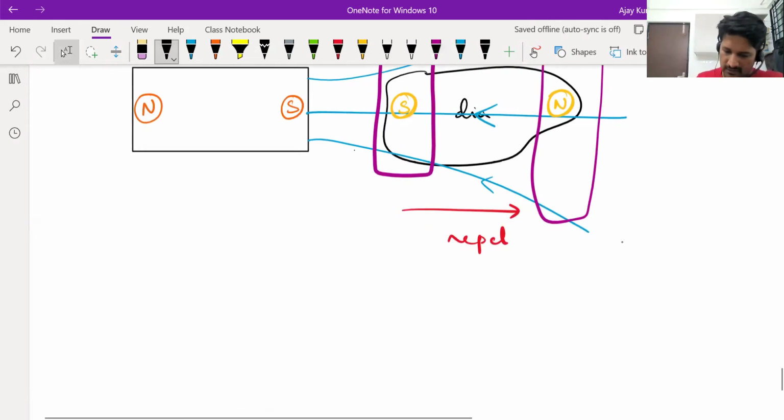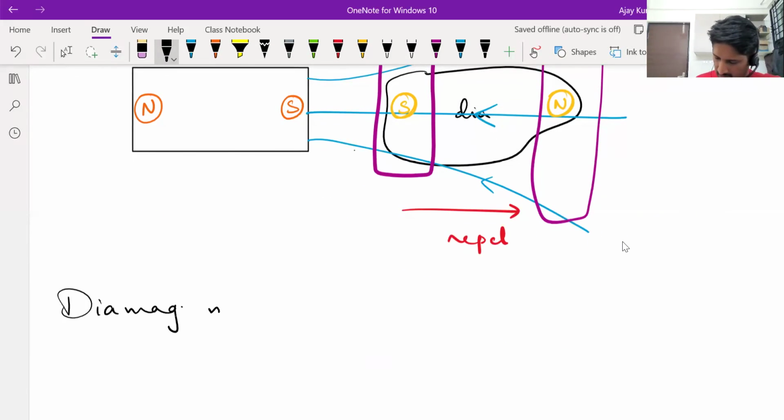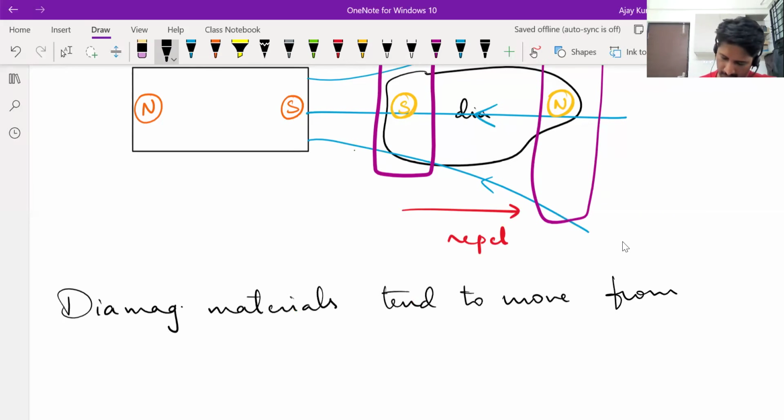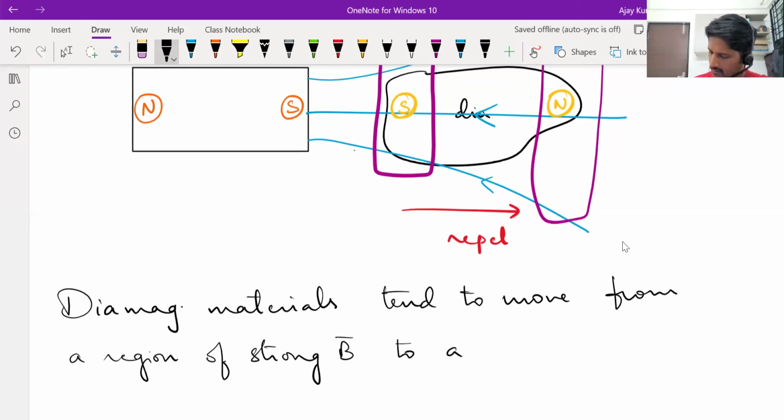So we can say that diamagnetic materials tend to move from a region of strong magnetic field to a region of weak magnetic field.